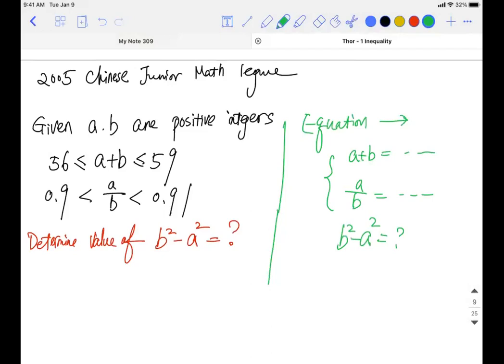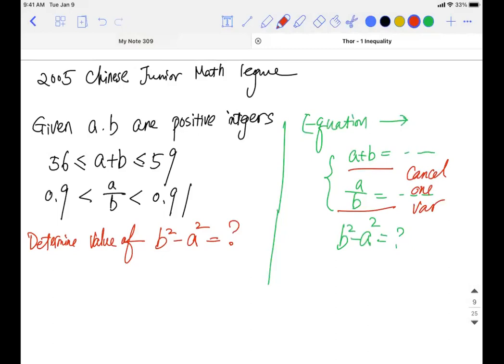I think we can first find the values of A and B, and then we can substitute them into the expression that we're supposed to evaluate. Yeah, that's a very good solution. Of course, in order to solve this, you have two equations and two variables, so you need to cancel one variable.